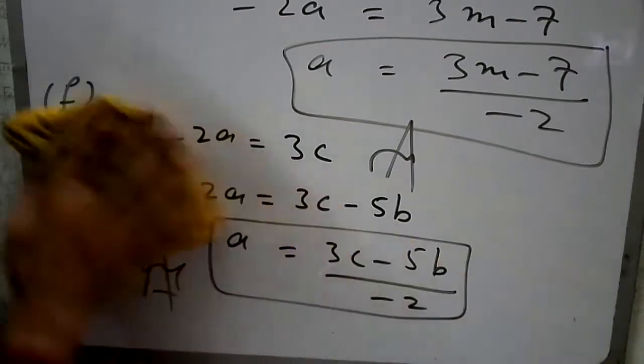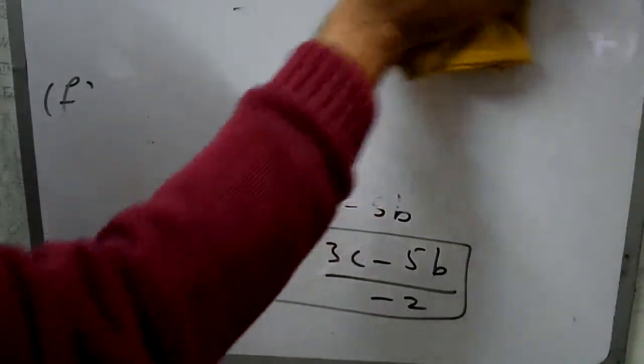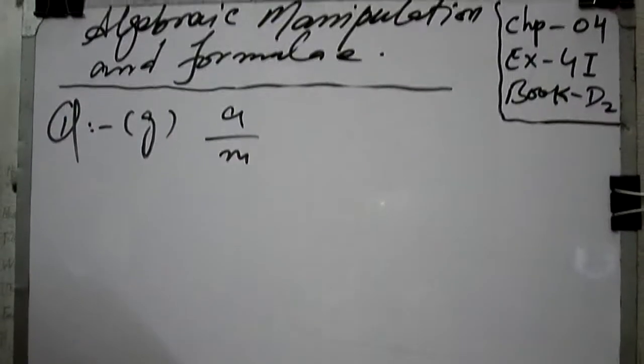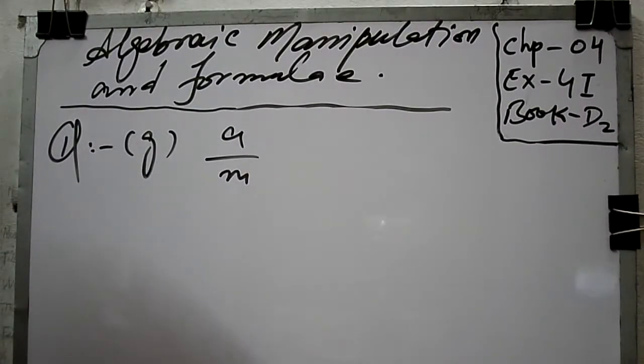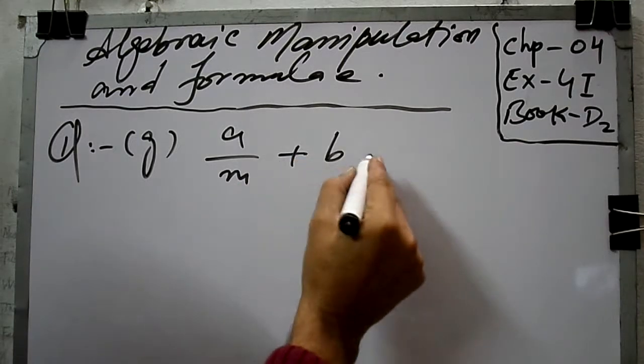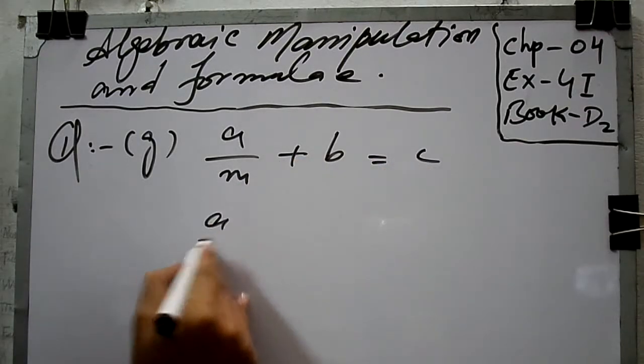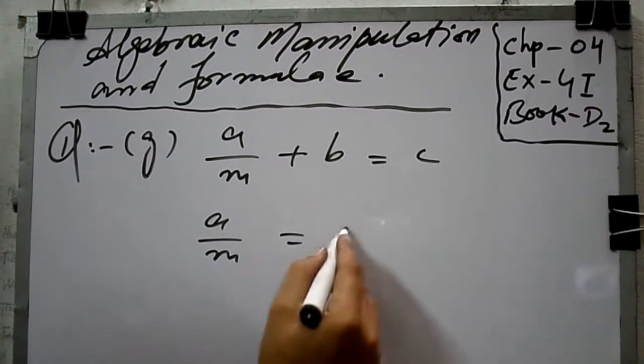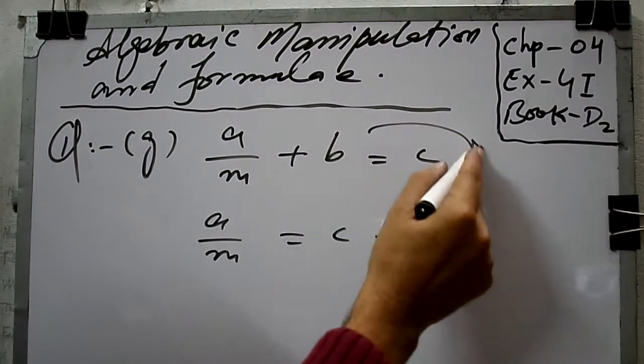Similarly, in the next part, in G part, you can see A by M plus B is equal to C. So A by M is equal to C minus B. So shift B here.